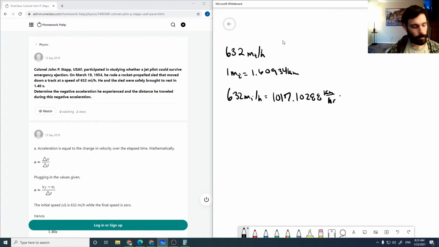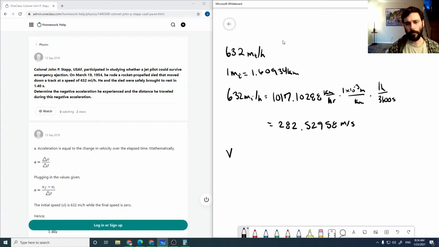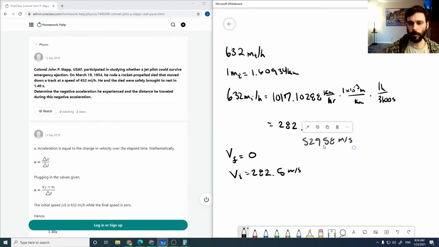And then we're going to multiply this by 1 times 10 to the minus 3 meters per kilometer, and by 1 hour per 3,600 seconds, which gives us 282.52958 meters per second. Okay, so now our VF is 0. Our VI is this 282.5 meters per second.